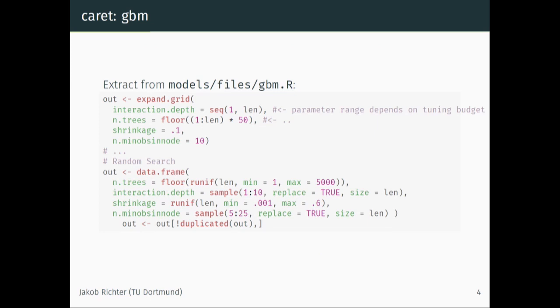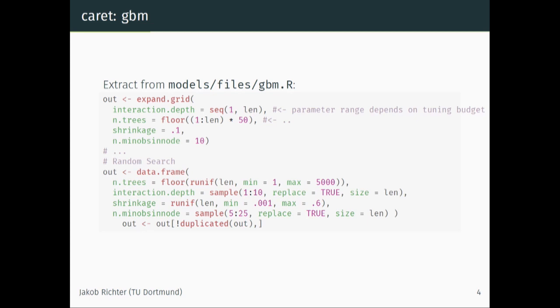What I noticed when I looked at the other files is that there were some strange things going on. For the grid search for the boosting method, you have the entries here, and the parameter space you tune over increases the more budget you give to your tuning, which does not make much sense to me, because even if I don't want to spend so much budget, I still might want to try out the big values because they're probably better.